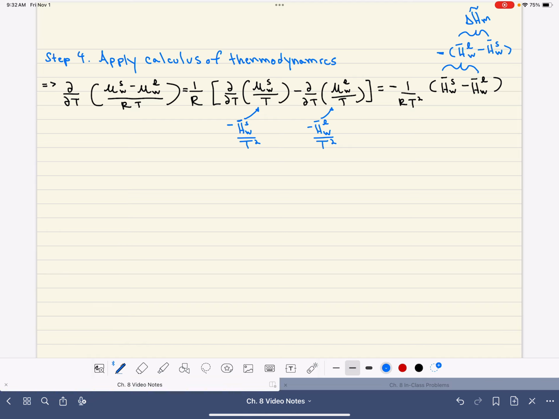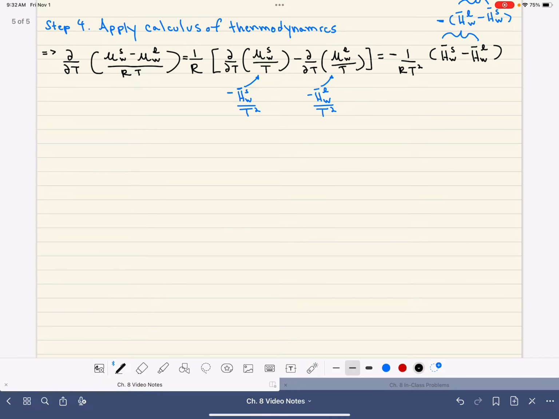Okay? All right, so now that we have that, we can now say that the delta H_m, the enthalpy of melting, divided by RT squared, right? We turn this into that, right?